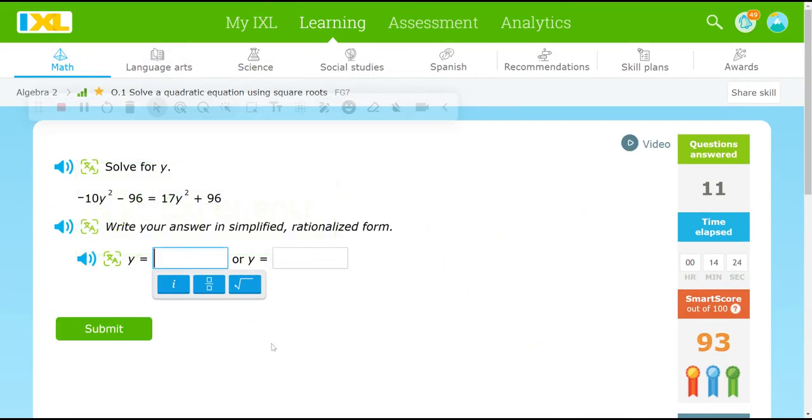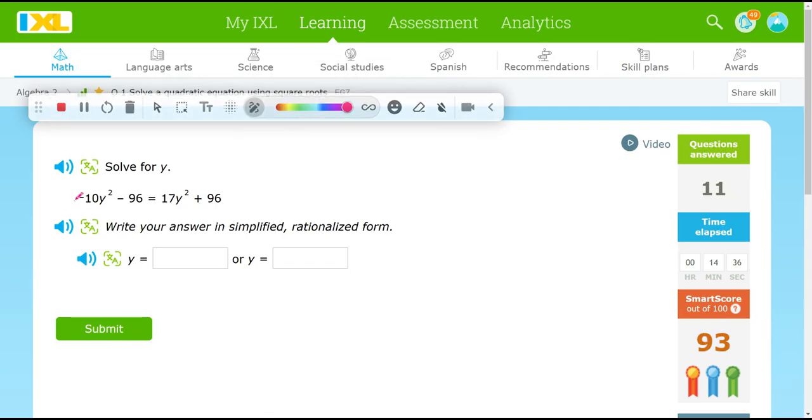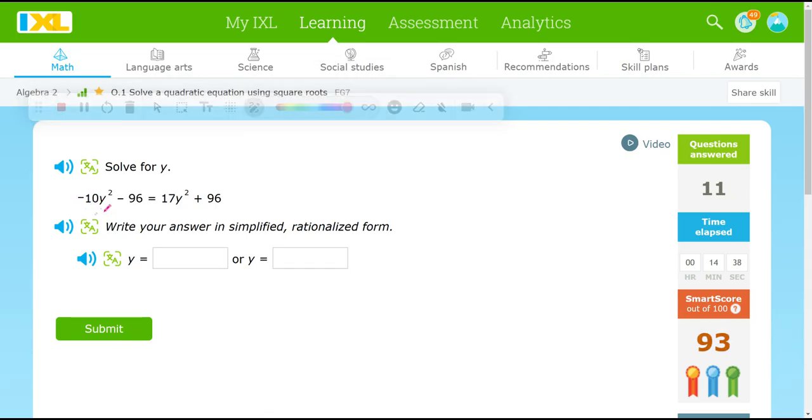Submit, we're done. Okay. Let's do the last one and then we're done. Negative 10y squared on the left side, 17y squared on the right side. I would eliminate negative 10y squared by adding 10y squared on both sides.